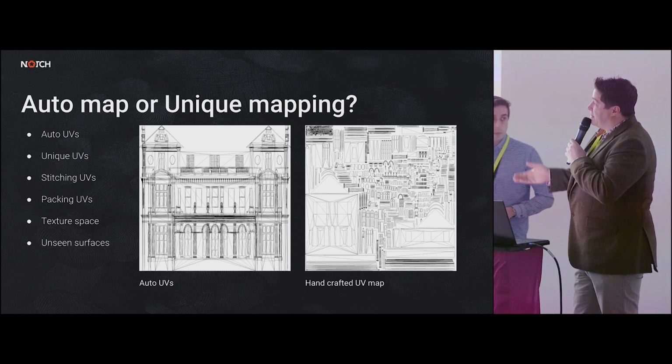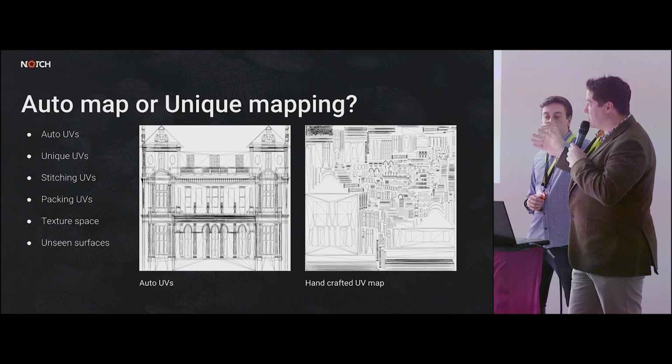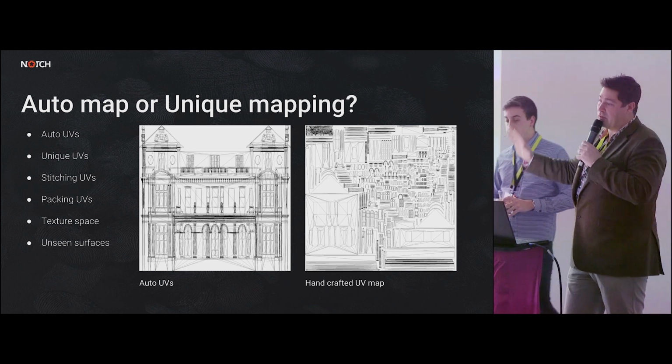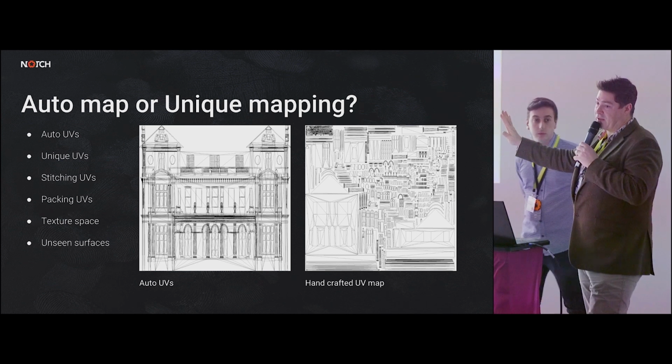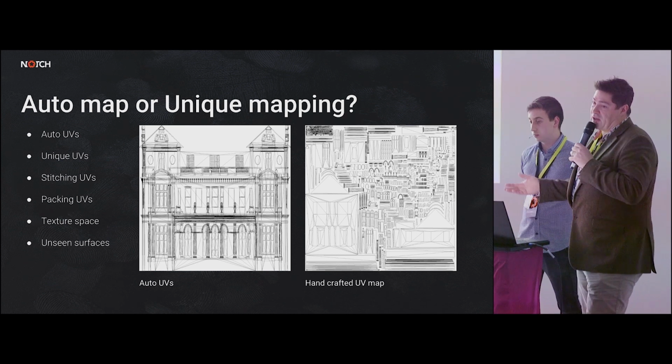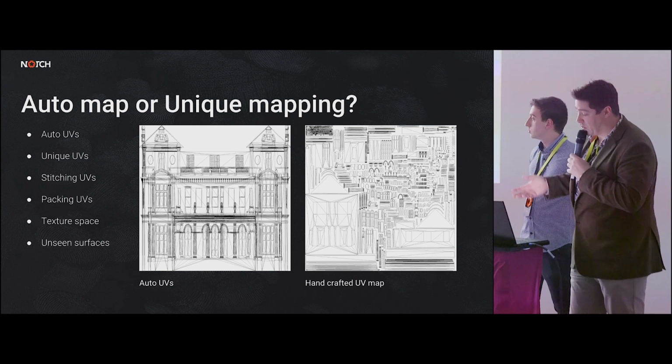what I would tend to do with something like this, a lot of people do this, they'll start off by using a planar map. So a planar map will project the UVs onto the flat surface from the front, which for a lot of the time works okay for what you want.